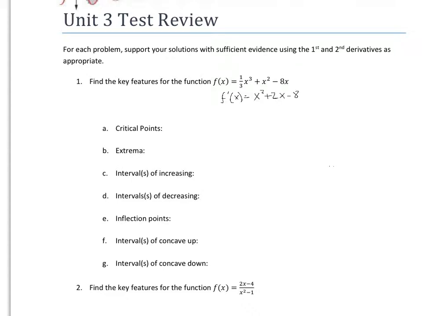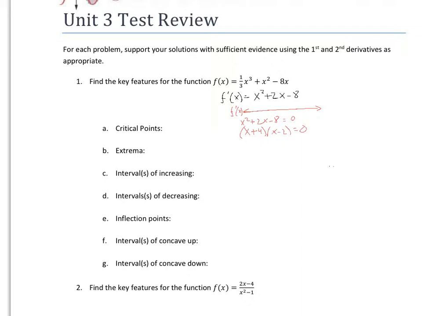And so there we got our derivative, f prime. And let's go ahead and get a number line for that thing. And, well, we're going to need to find out where it's equal to 0. So we can set it equal to 0. X squared plus 2x. All right, and I think this thing factors. That's nice. X plus 4 and x minus 2, right?